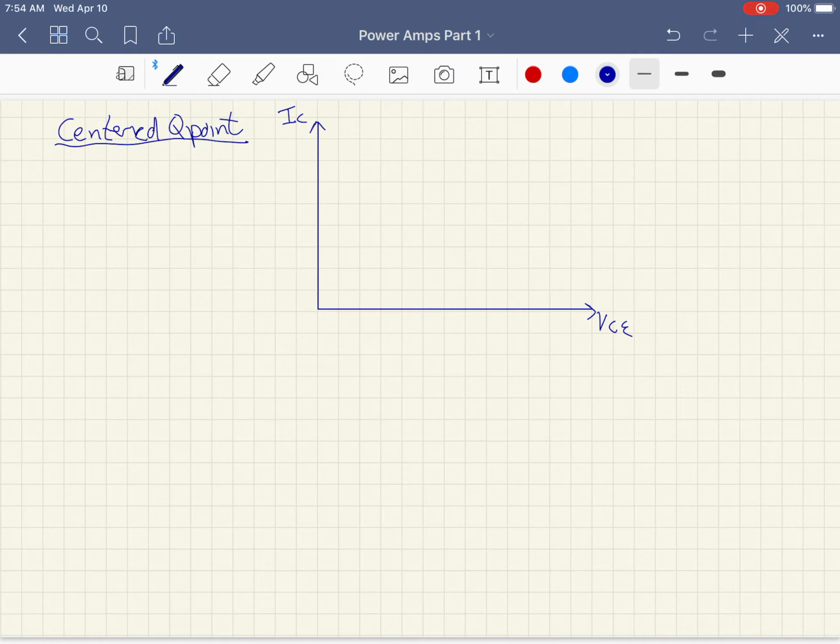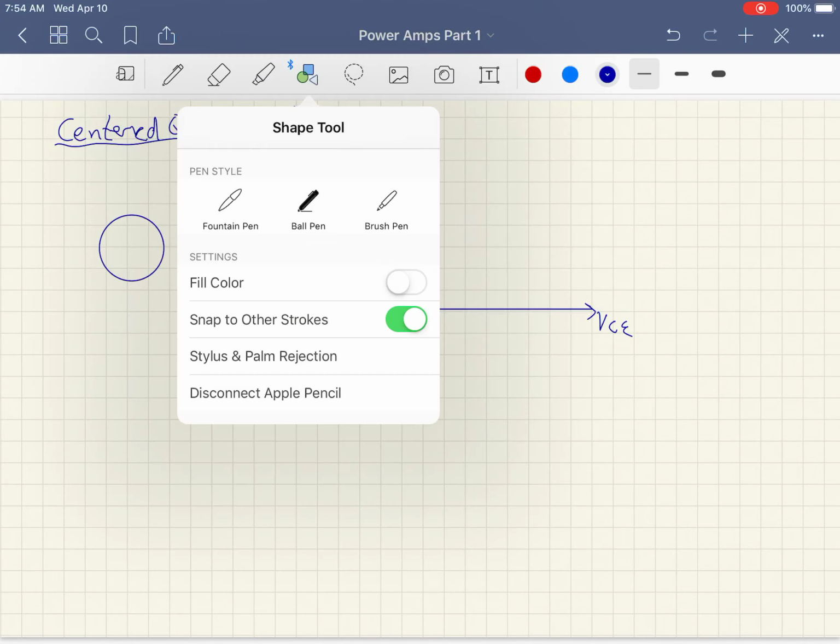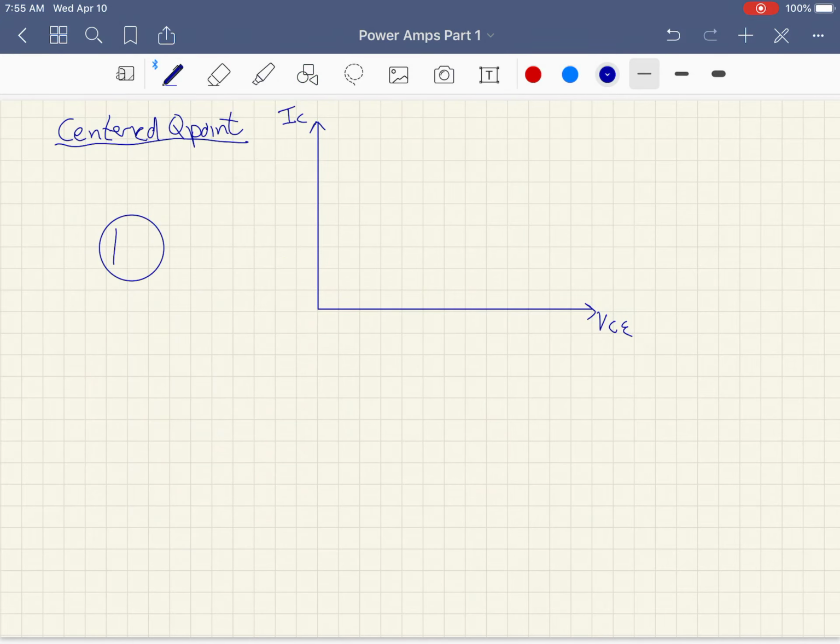So let's just draw one over here. We've got base, collector, emitter. Okay, we've got a current here, IC, and we've got a voltage difference between the collector and the emitter.